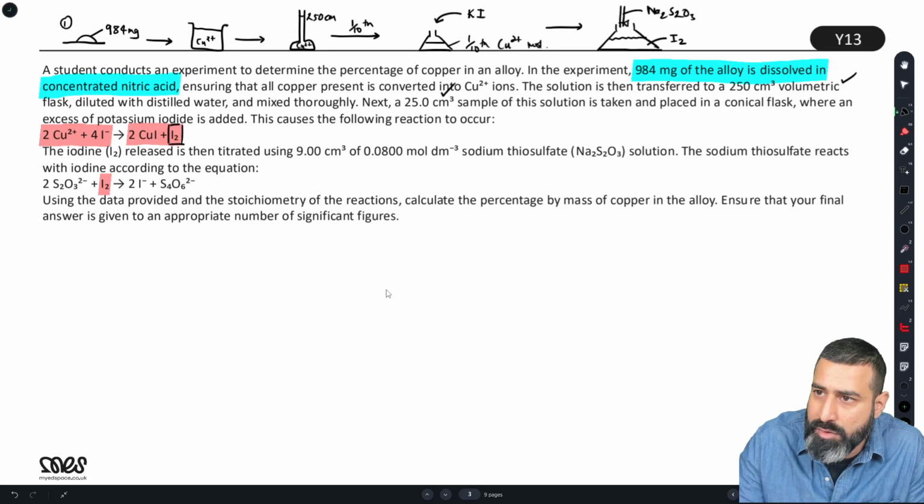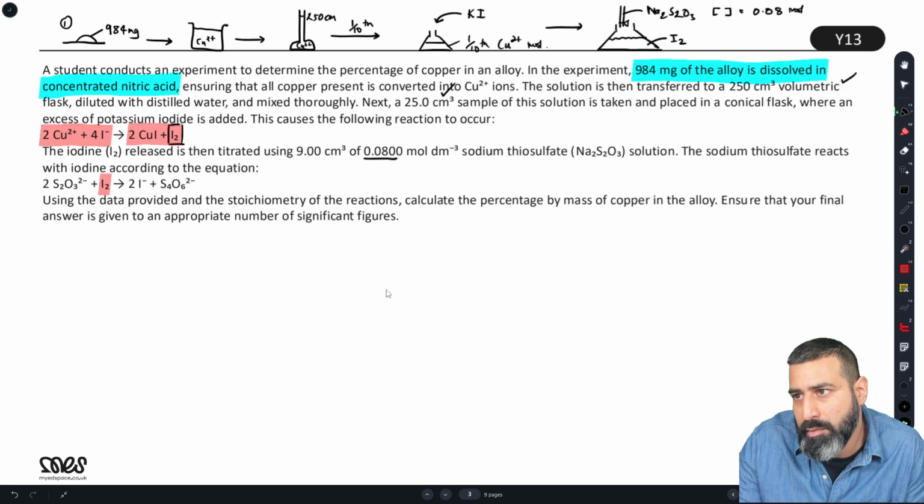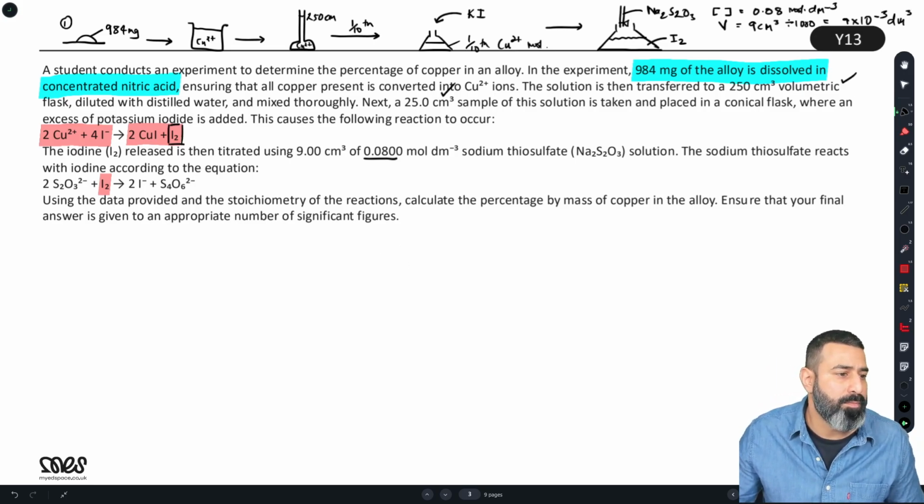We know the concentration. So the concentration is equal to 0.08 moles per decimeter cubed. The volume is 9 centimeters cubed. Divide that by 1,000. So it's 9 times 10 to the minus 3 decimeters cubed.